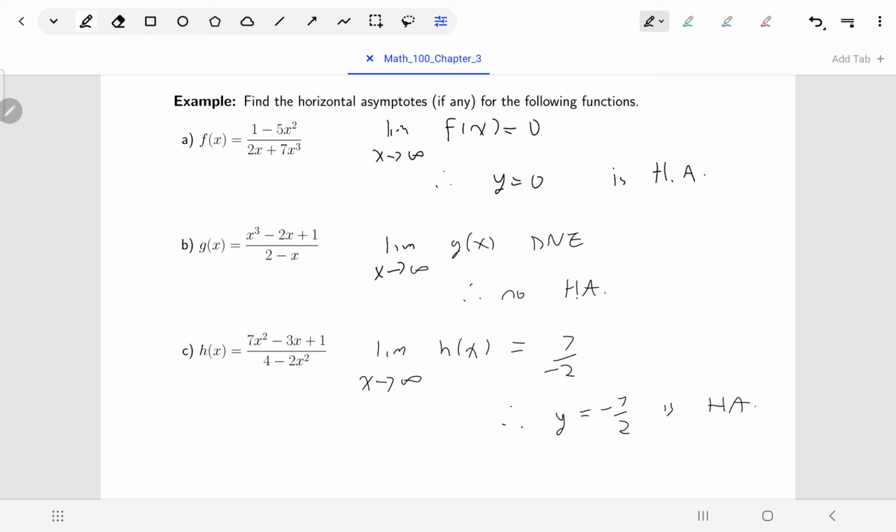And I said for all of these, as x goes to infinity, whether positive or negative, because for rational functions, whatever horizontal asymptote you have on one side, you have the same horizontal asymptote on the other. So for f of x, whether we're going to positive infinity or negative infinity, the limit would be 0 on both sides, and the same thing with the last example, the limit would be negative 7 halves on both sides.